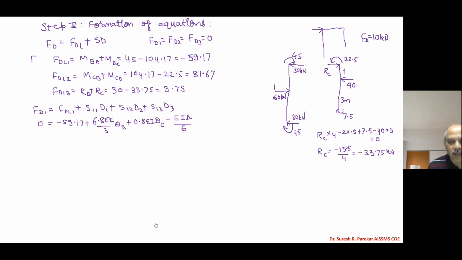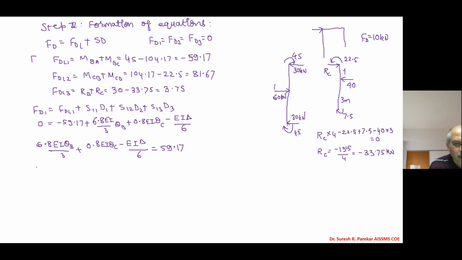And then you can see we will get this first equation, that is same as in slope deflection: 6.8 EI theta B upon 3 plus 0.8 EI theta C and then minus EI delta by 6, and that is equal to 59.17.